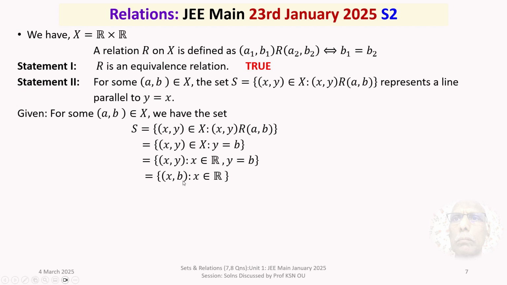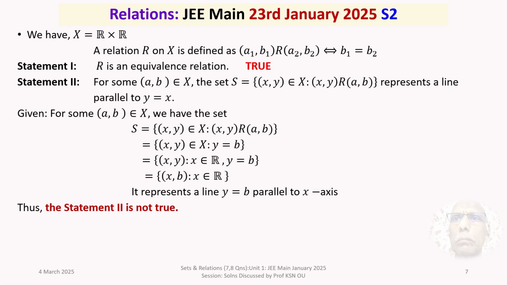As X is varying, B remains the same. What is this? It is a line parallel to the x-axis given by the equation y is equal to b. So it represents a line y is equal to b parallel to the x-axis. But in statement 2 it is given it is parallel to y is equal to x. Therefore, statement 2 is not true.